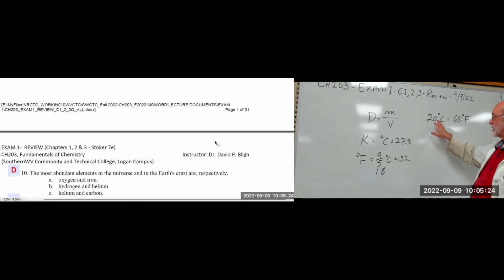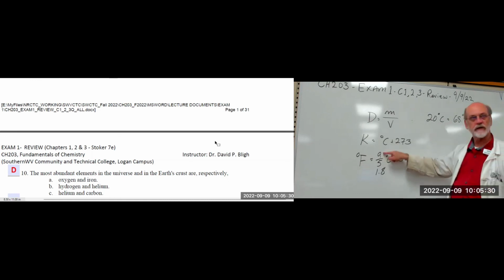If Celsius increases by 5 degrees, Fahrenheit increases by 9 degrees, 9/5. So if I drive by and their Celsius says 25, then I know that the temperature is 77. That's why I like it better.